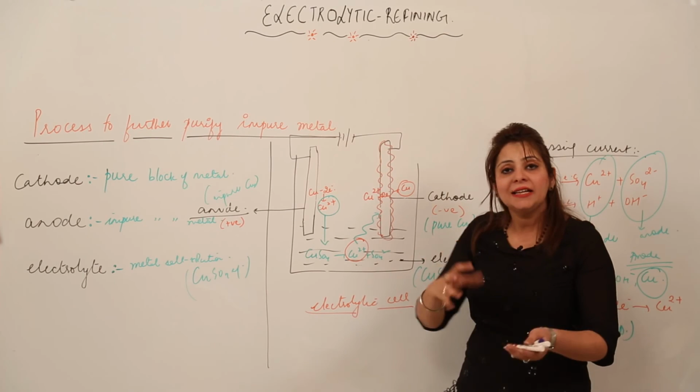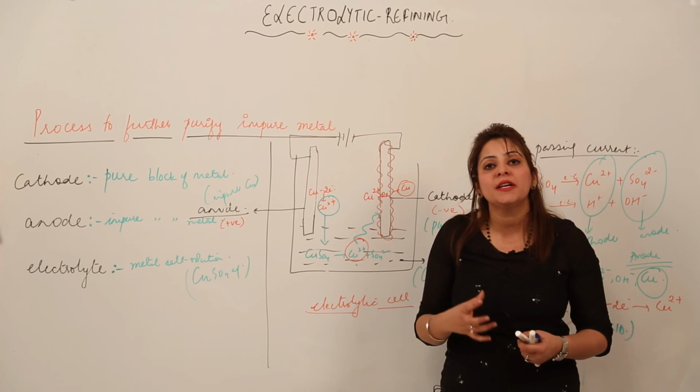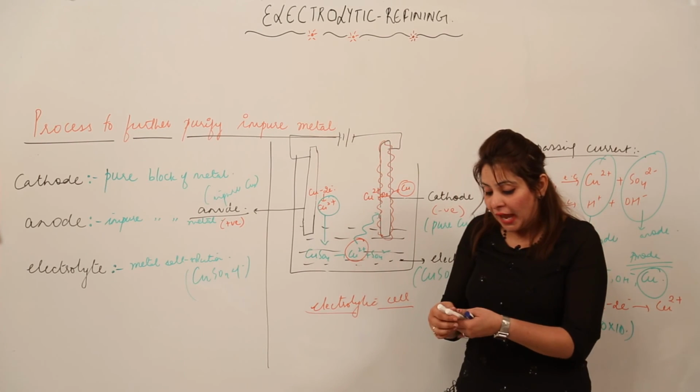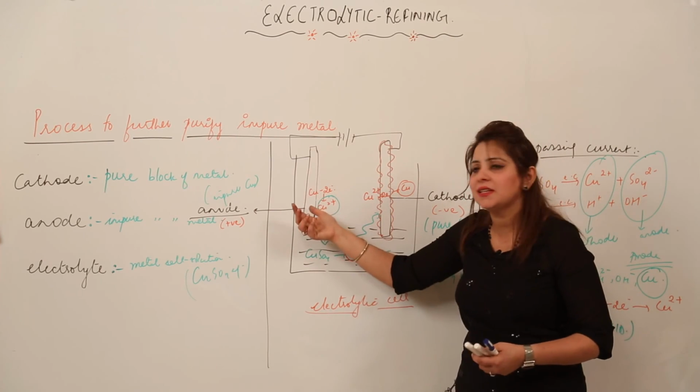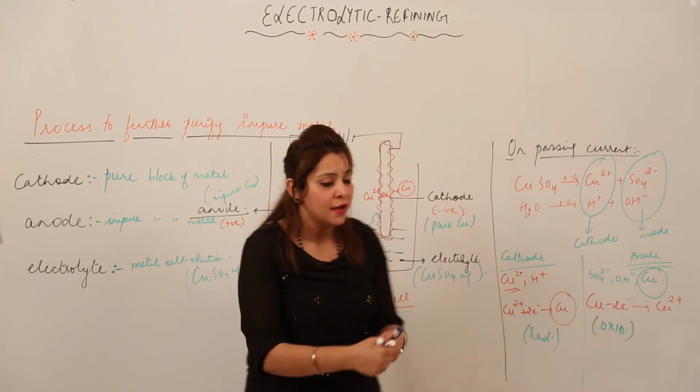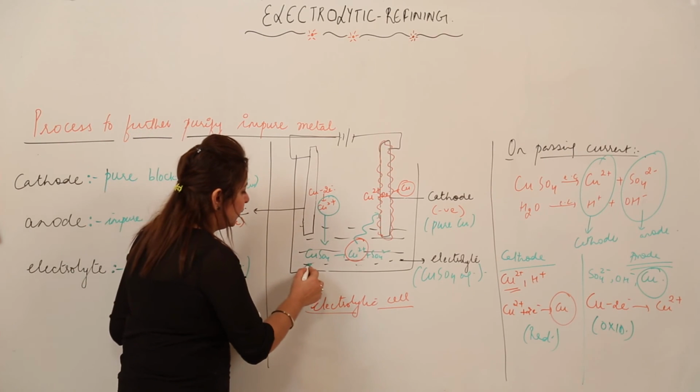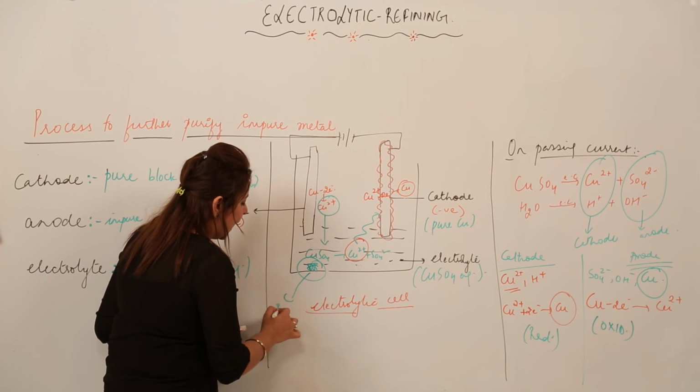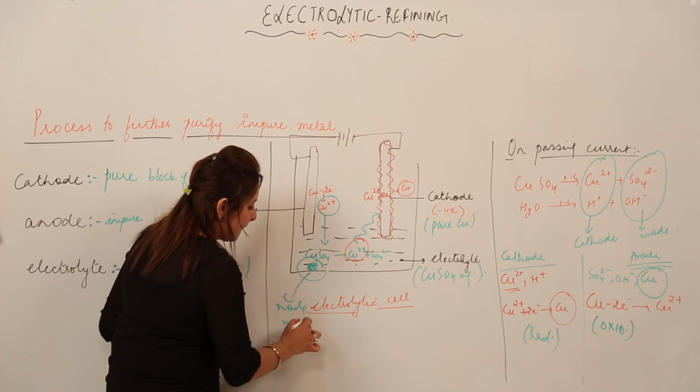So at the end of electrolytic refining, the pure metal is always obtained at the cathode, and moreover the impurities which are present in the impure block will get deposited under the anode like this, and it is called anode mud.